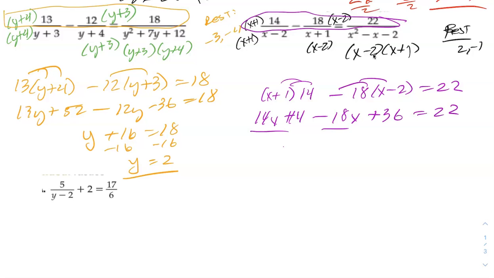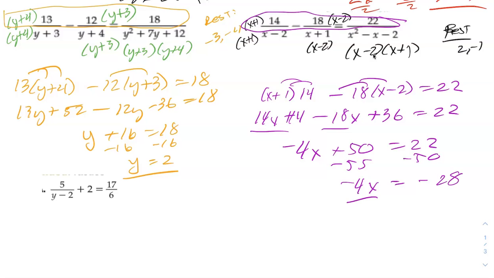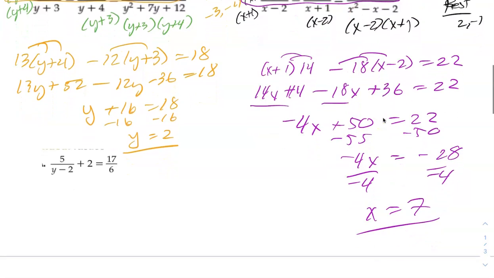Simplify first: negative 4x plus 50 equals 22. Minus 50: negative 4x equals negative 28. Divide by negative 4: x equals 7. Now restrictions are all good. So there we go.